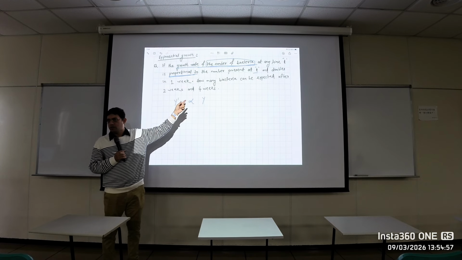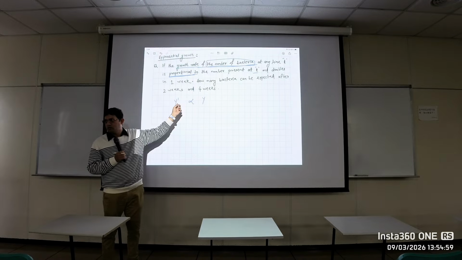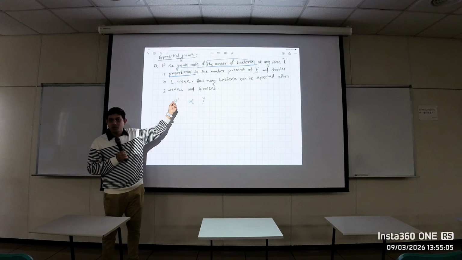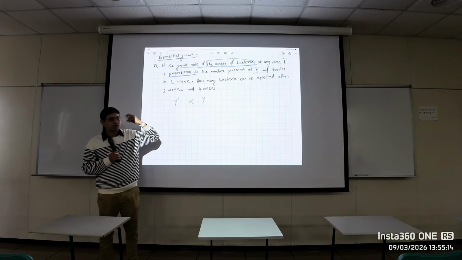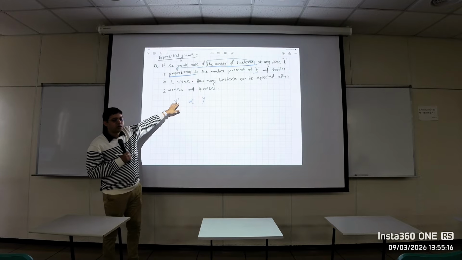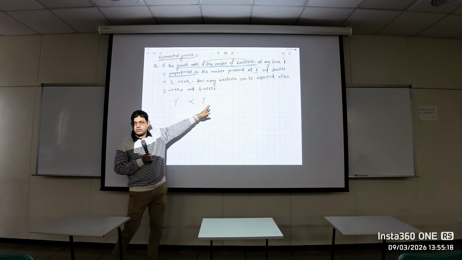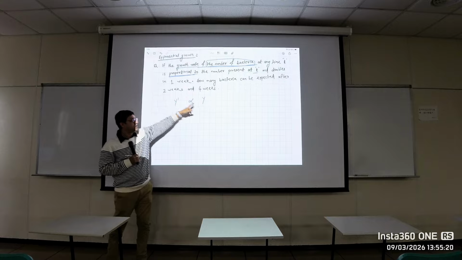What is this? Proportional. You don't know this symbol? Really? Proportional. What do you mean by proportional? This one is proportional to this. If this one increases, this one increases.